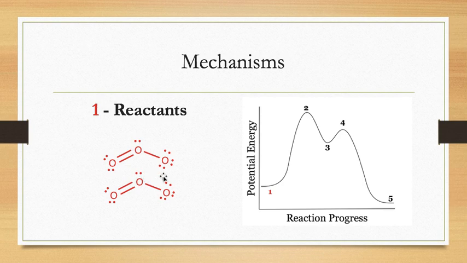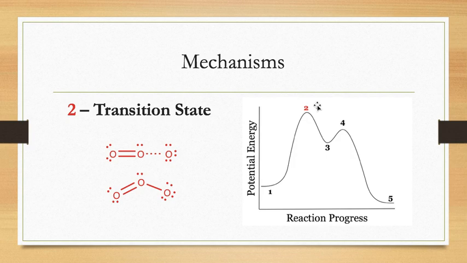And so we first get to this point 2, which we call a transition state. A transition state is the highest point of the potential energy in a given step. You can see there are 2 transition states, and we'll talk about what's going on at each one.